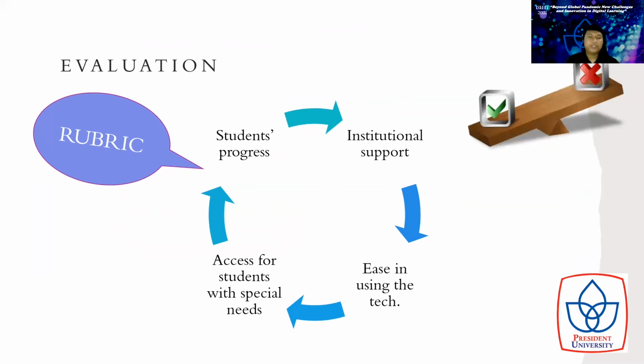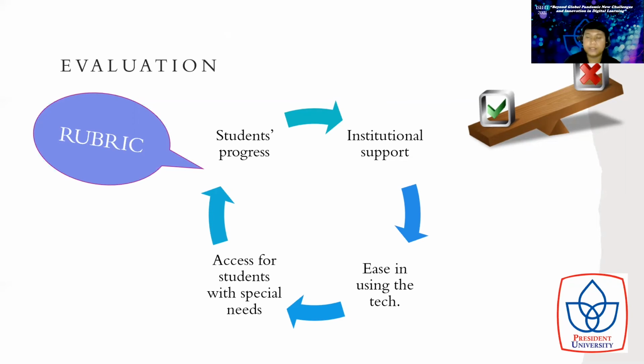As for the evaluation, this is actually a continuous cycle of evaluation. It started from the institutional support. To what extent does the institution support this kind of development, and what are the other supports needed to develop the software further? It also focuses on the accessibility or the ease in using the technology.